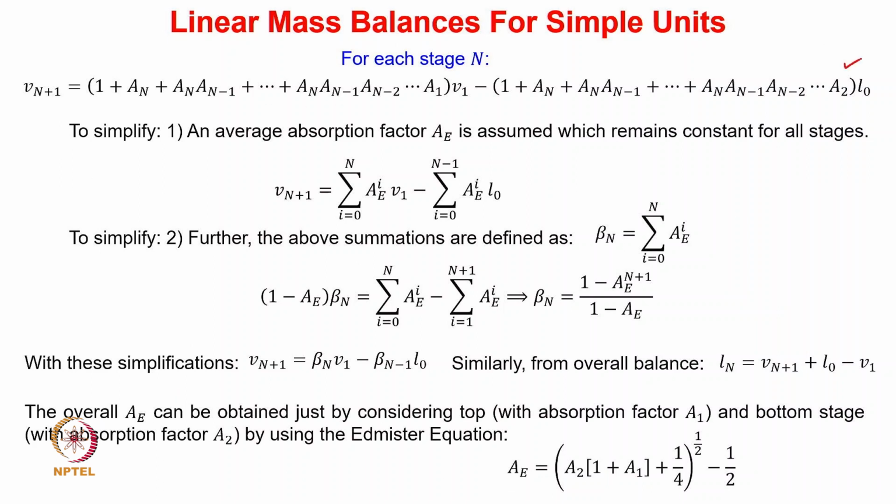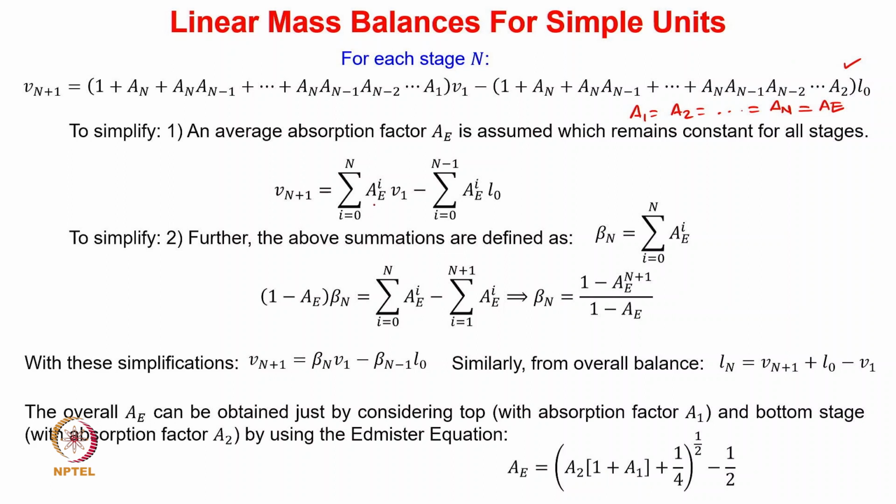Vn plus 1 can be obtained as, to simplify this particular equation, we are again assuming that all these absorption factors A1, A2, all the way to An, are equal to the average absorption factor. If we use this assumption, we can simplify this original equation and write it in terms of summation.